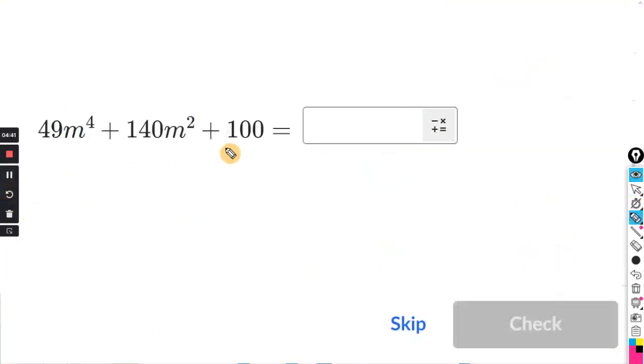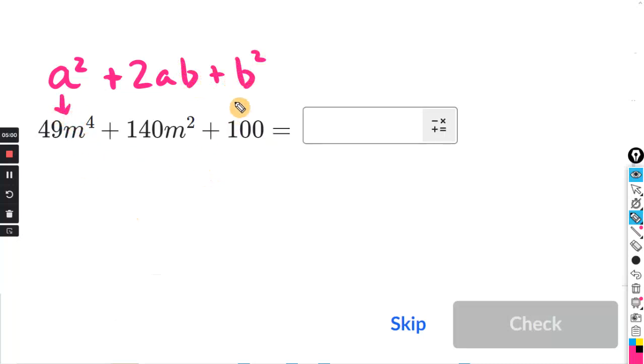All right, factor completely. So you can see on this one we have a plus sign on the middle term. So we are looking at a squared plus 2ab plus b squared. All right, so we can associate a squared with 49m to the fourth, and the b squared is 100.